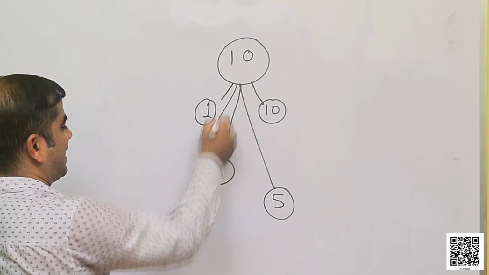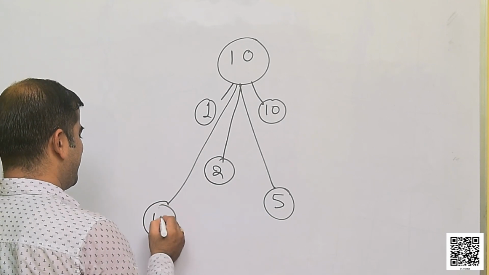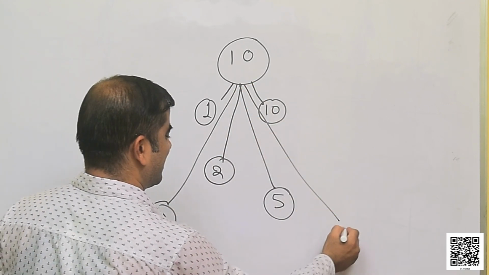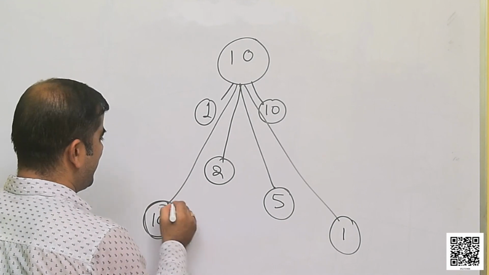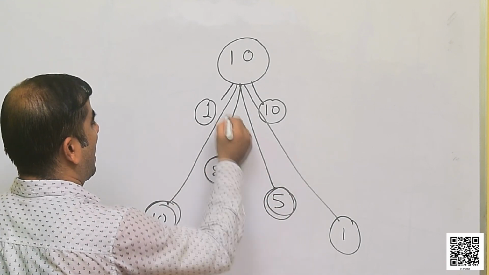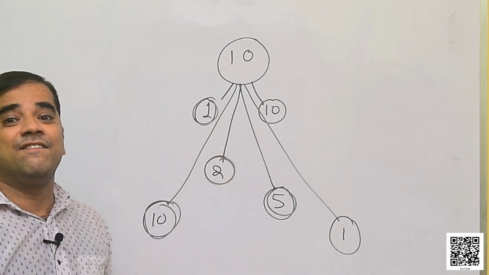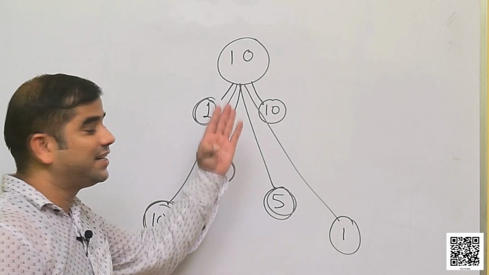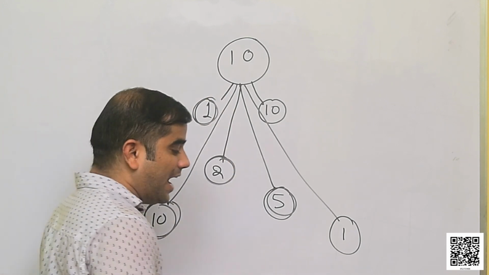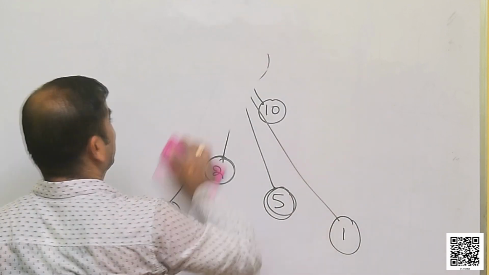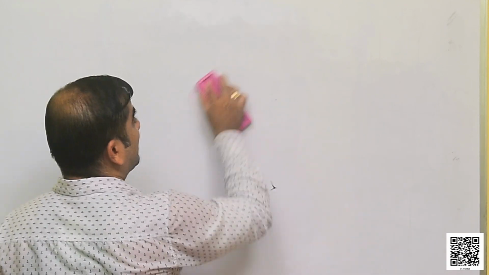Let us go for 10, 10 ones are 10. So 10, 2, 5 and 1, these are the factors of 10. So let us build another factor tree.